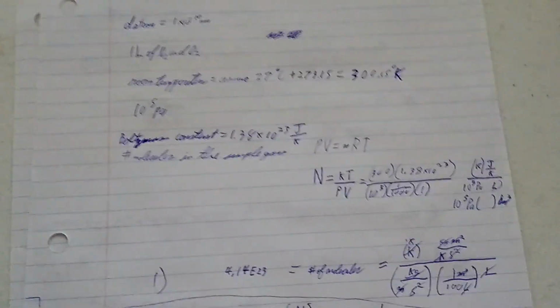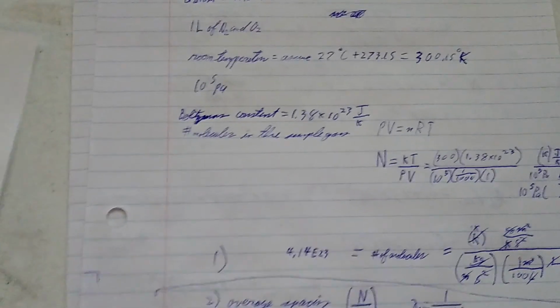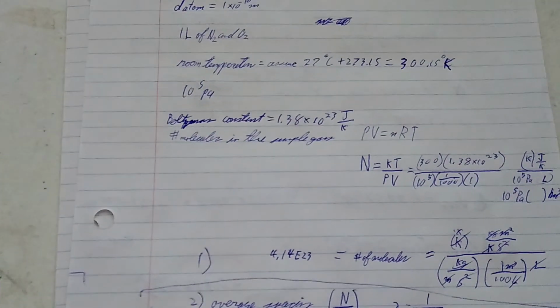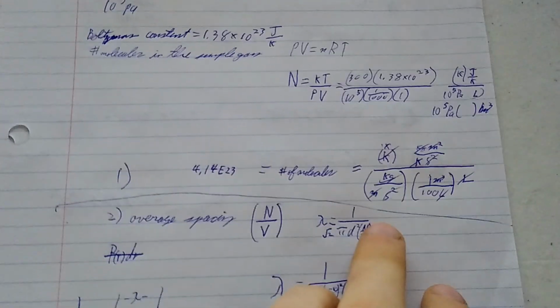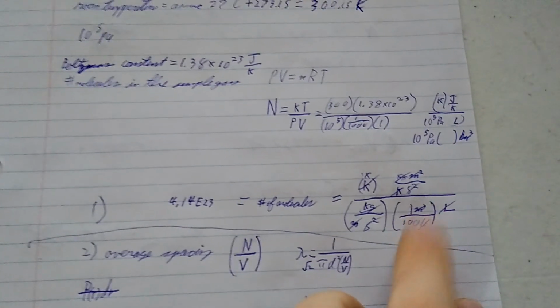For the first thing, we're supposed to calculate the number of moles in the sample of gas. I instantly thought N equals PV over kT. I almost messed up until I checked the units of everything, but I think I got the right answer.